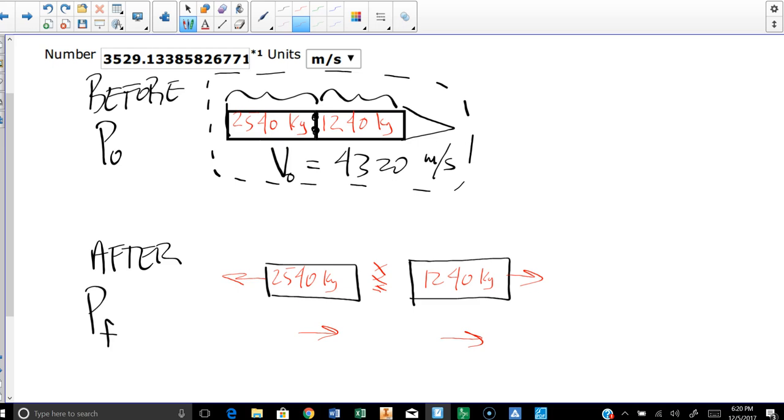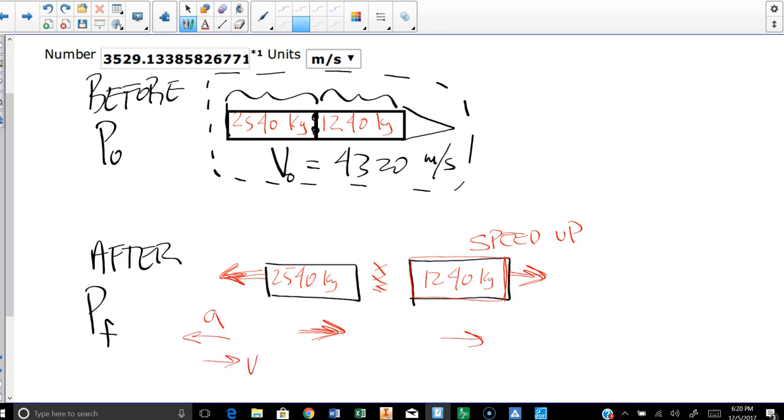Well, if you look at it, this piece here was already moving to the right, the force was to the right, so the acceleration is to the right. So this one is going to speed up. This one here is going to, let's see, the force is to the left, but its original velocity was to the right. Acceleration left, velocity right, that's slowing down.